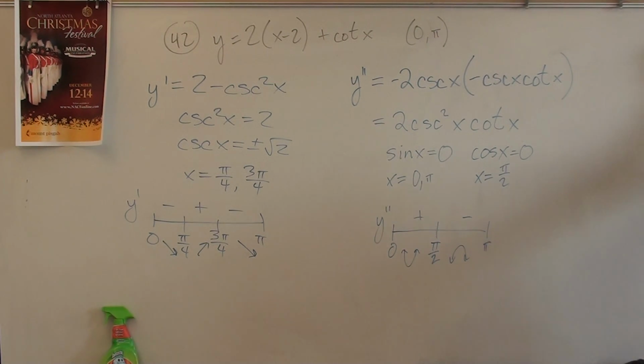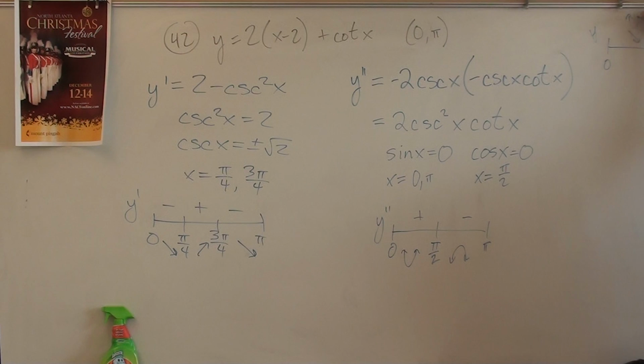All right. If we were to make one great big sign line to graph, so our critical numbers are pi fourths, pi halves, 3 pi fourths, and pi. We are decreasing, increasing, increasing, decreasing.